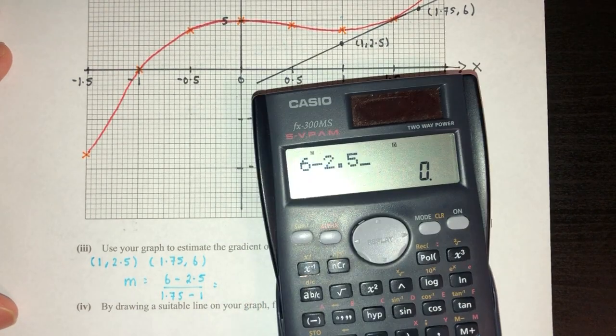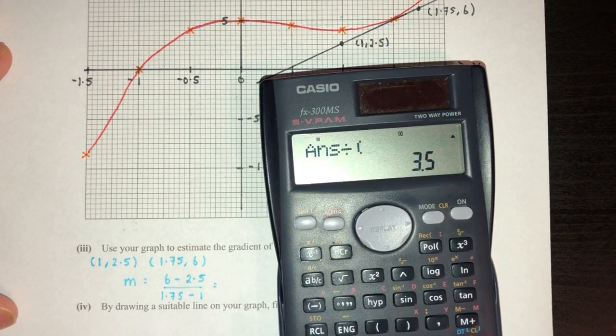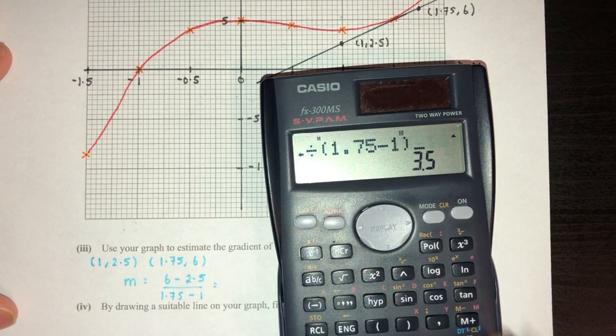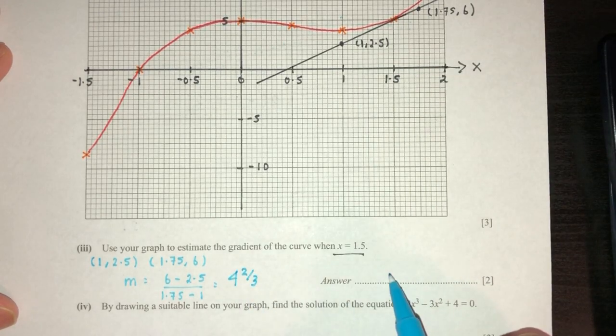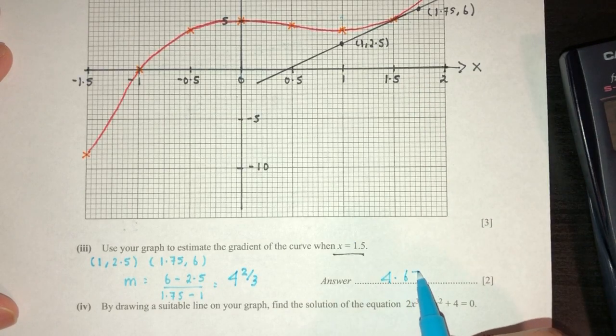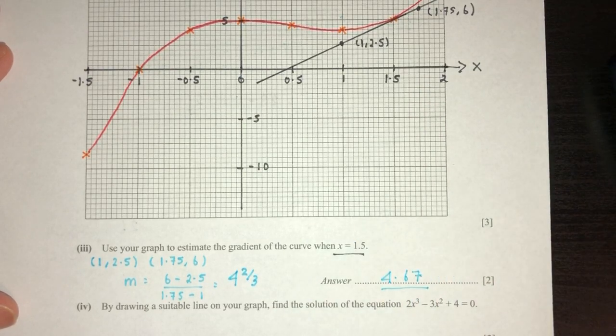That will be 4.67. That will be my value for my gradient. I can use decimal places, or 4.67 correct to 3 significant figures, up to you.